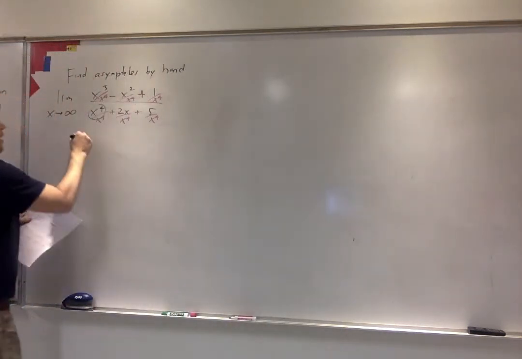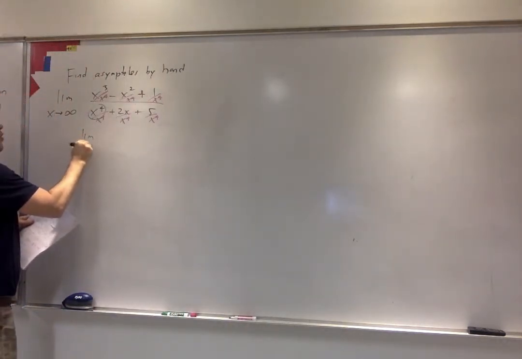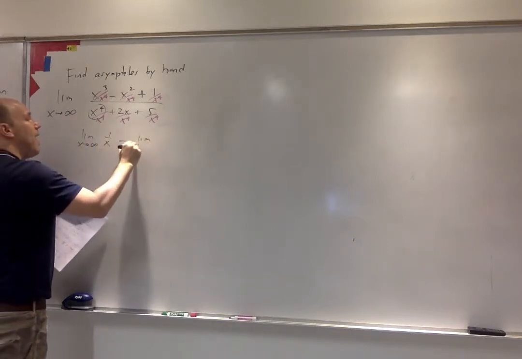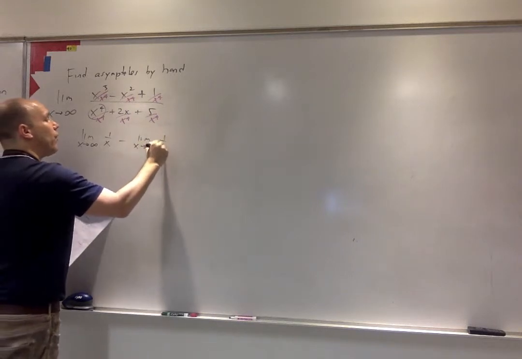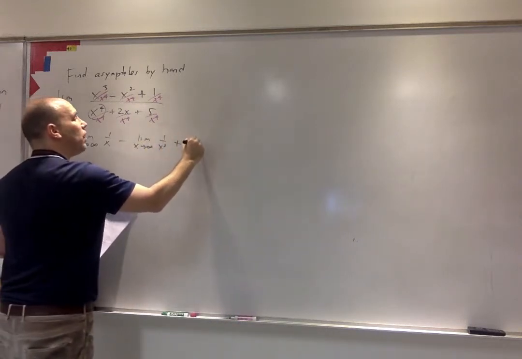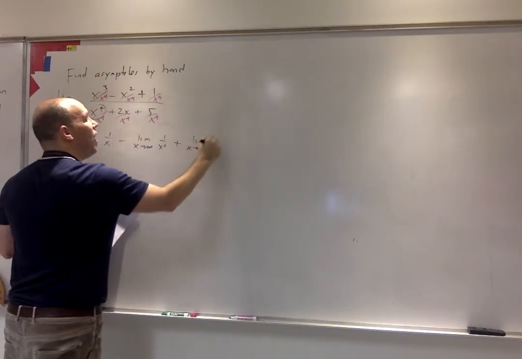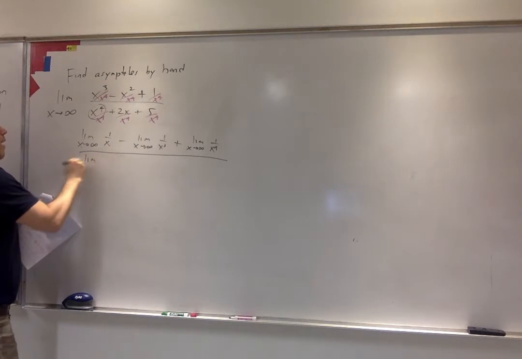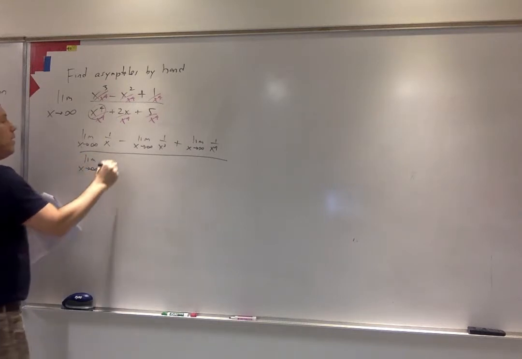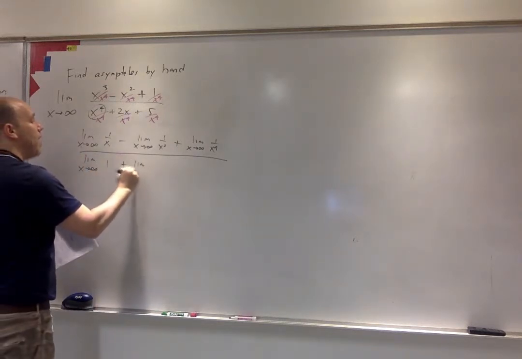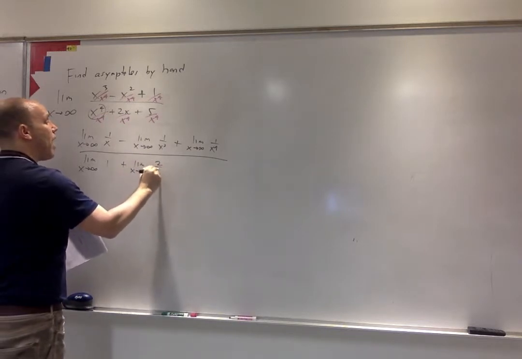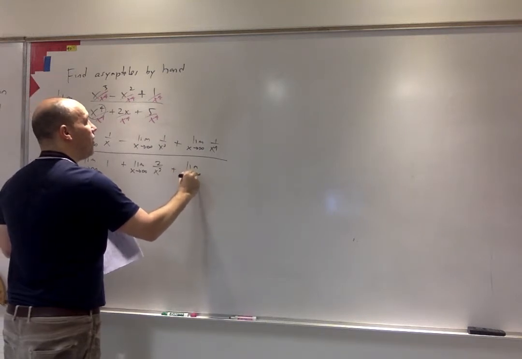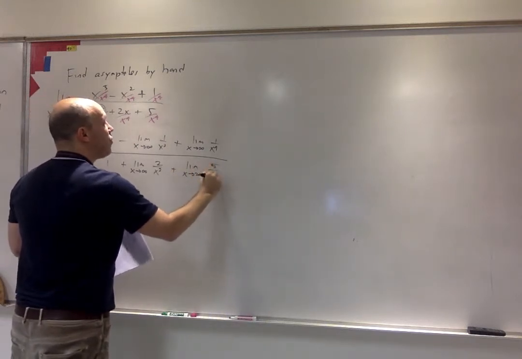So I can write the limit as x approaches infinity of 1 over x, minus the limit of 1 over x squared, plus the limit of 1 over x to the fourth, all divided by the limit as x approaches infinity of 1, plus the limit of 2 over x to the third, plus the limit of 5 over x to the fourth.